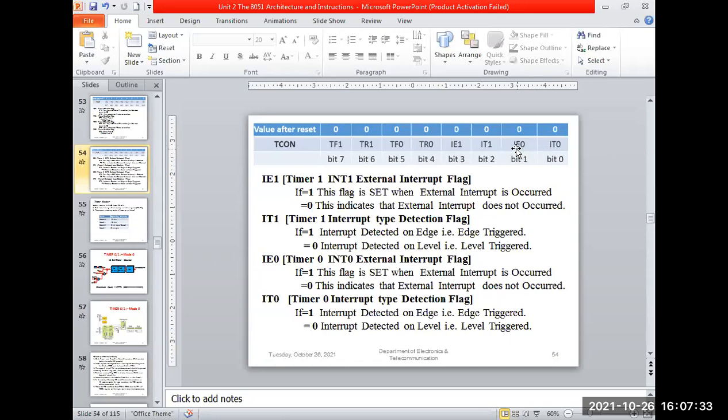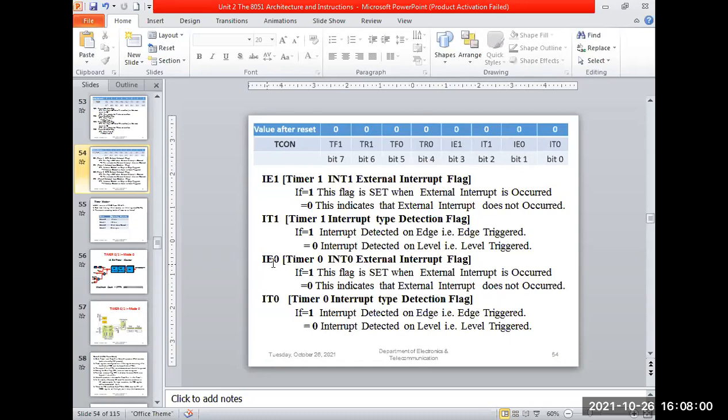The next bits are IE0 and IE1. If you see the pin diagram of the 8051, we have the external pins for interrupts, that is INT0 and INT1. IE0 is for the external interrupt 0, that is the INT0 pin, and this flag will be set or reset by the values.